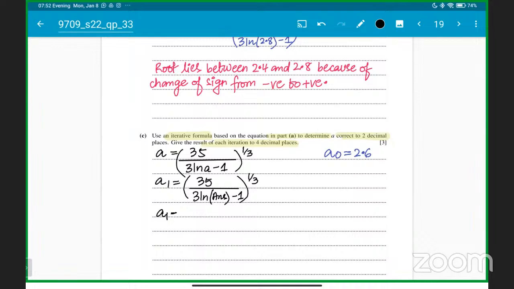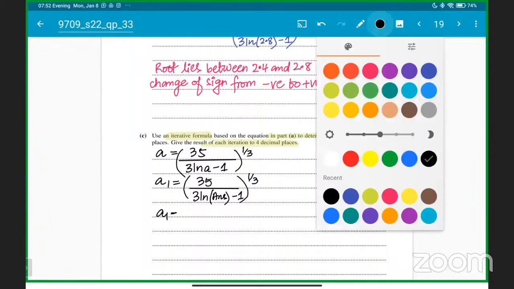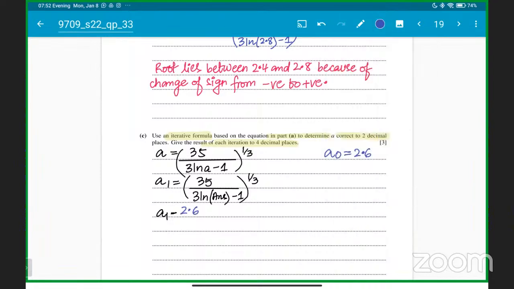Make sure you put the brackets carefully as well. And here we go, power of 1 over 3. So the first value is coming, students, as 2.6567, to 4 decimal places.